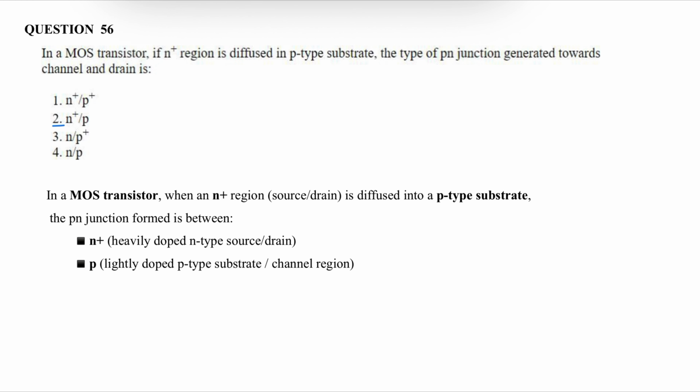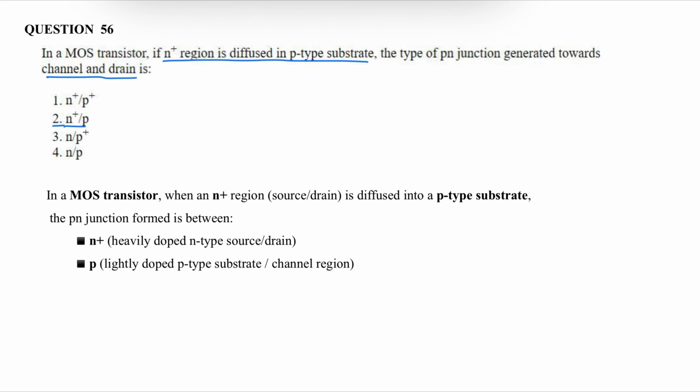Question number 56. In an NMOS transistor, if N plus region is diffused in a P type substrate, the type of PN junction generated towards channel and drain is. It is N plus P type PN junction generated towards channel and drain.